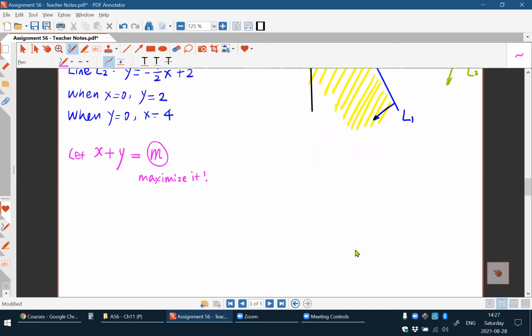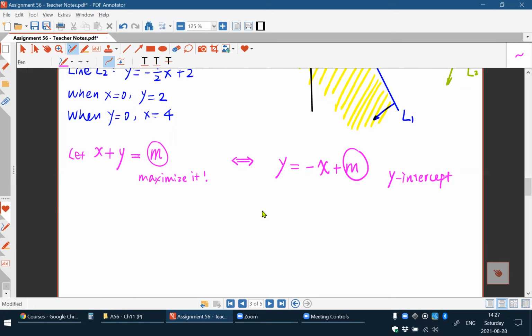So how do we do this? We convert it equivalently to an equation of a line like this. This is equivalent to y equals minus x plus m, so m is just the y-intercept of this line.